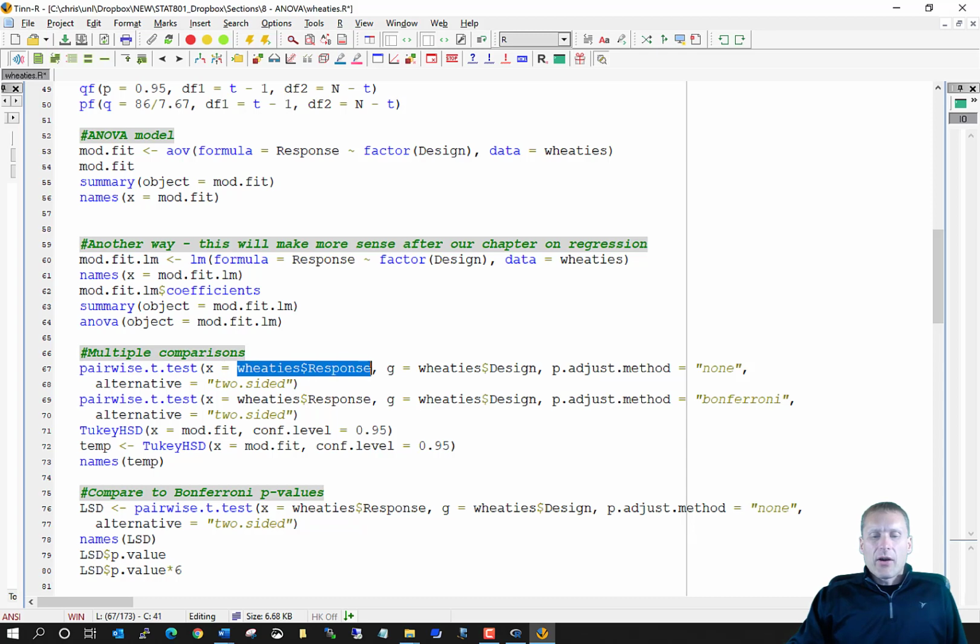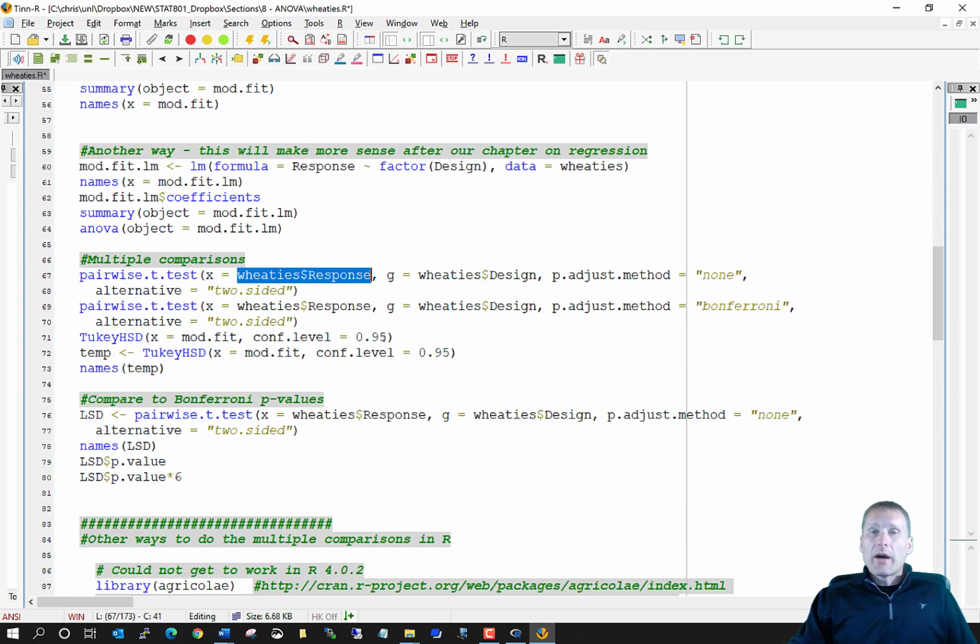For the x argument, we put in what my y sub ij would be in my data set itself, the response variable in Wheaties. g corresponds to a grouping, in other words, the factor levels, the treatment types, and that corresponds to design. Note that I do not need to actually use the function factor with it.